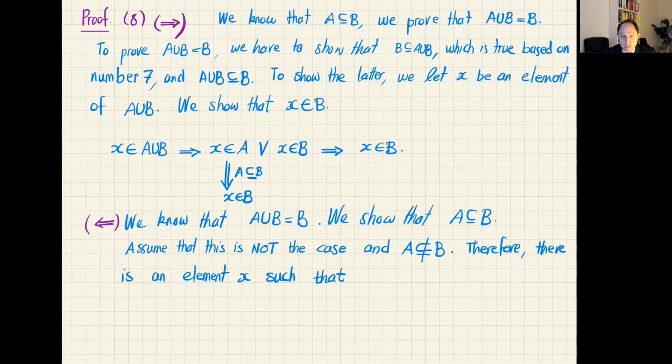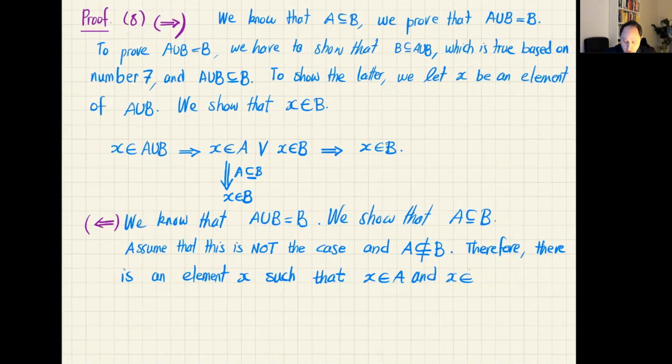It means that there is an element X such that what? Yes, there exists an element X which belongs to A and X does not belong to B. Do you agree? This is the meaning of not being a subset.